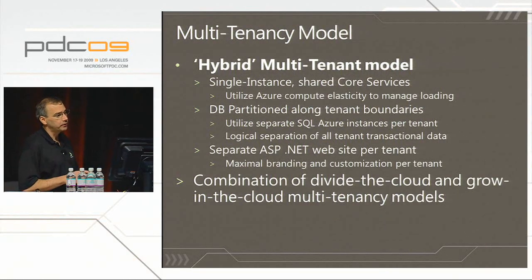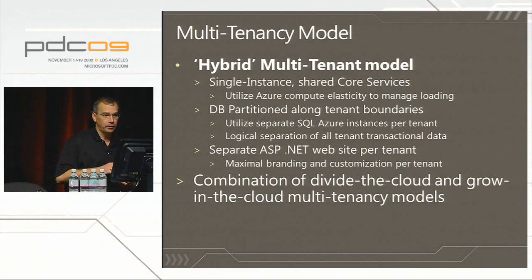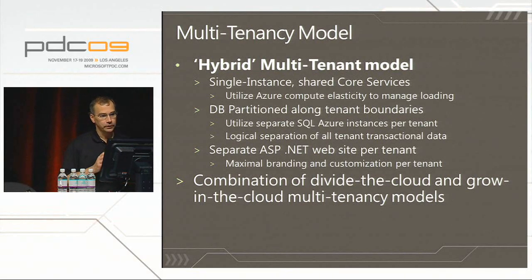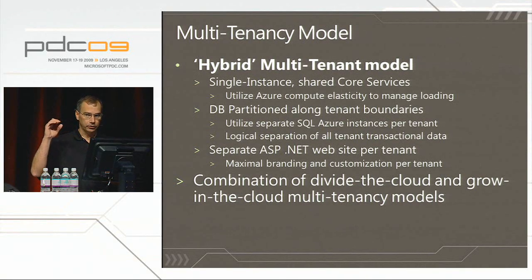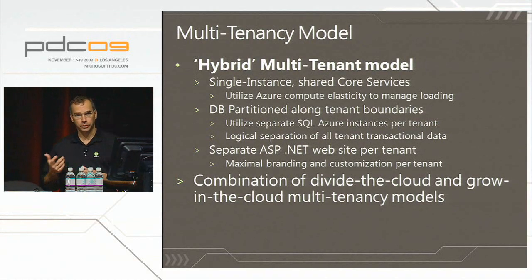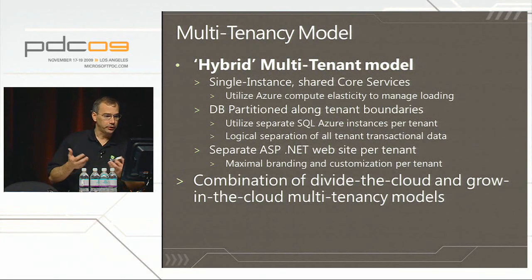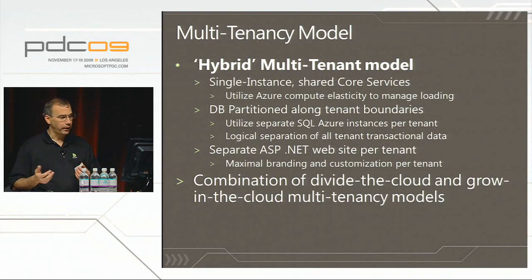So what was the multi-tenancy model that we decided to go with? It's a bit of a hybrid multi-tenant model where we have a single instance shared set of core services that you saw in the first architecture slide. We utilize the Azure Compute Elasticity to manage loading on that. Our databases are naturally partitioned along tenant boundaries, so we utilize separate SQL Azure instances per tenant. We've got logical separation of all tenant transactional data with that type of model.